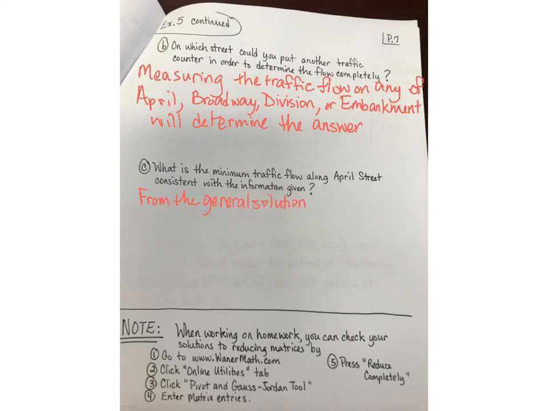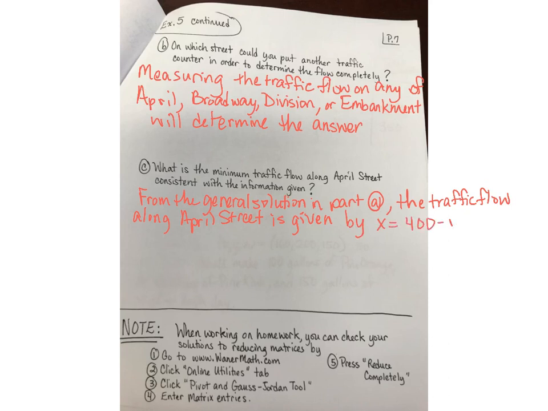From the general solution in part A, the traffic flow along April Street is given by the equation x equals 400 minus w.